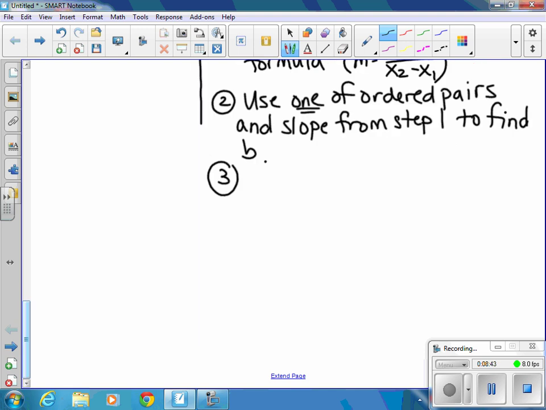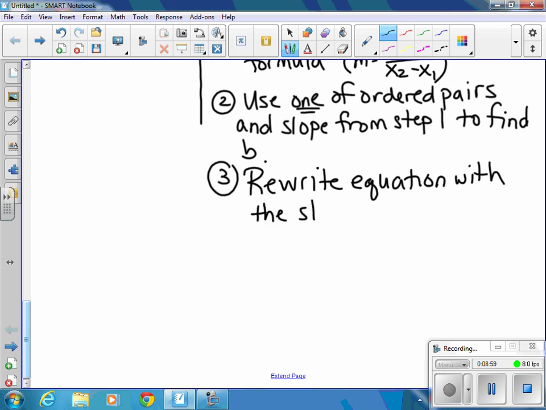Now that we've calculated the m, and now we've calculated the b, the last step is going to be to rewrite your equation with the slope and y-intercept.